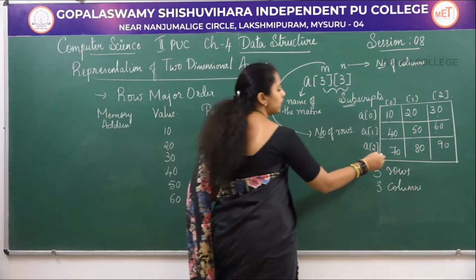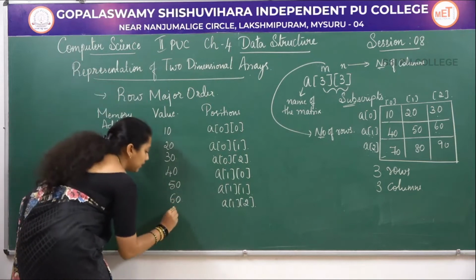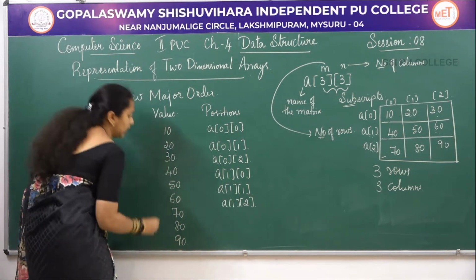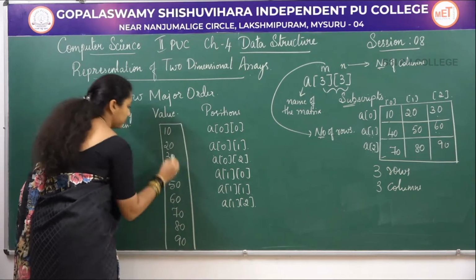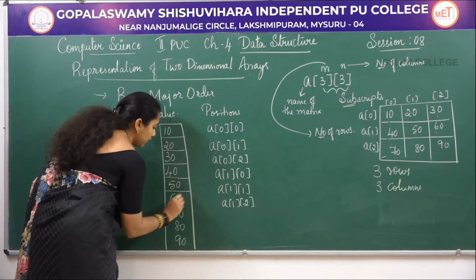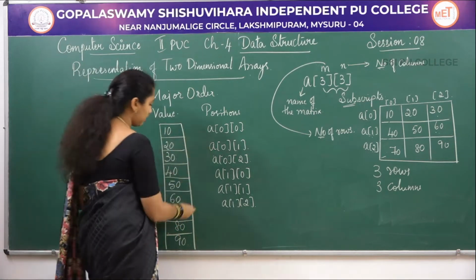Next, it will store the third row elements. The third row elements are 70, 80 and 90. The elements are stored in contiguous memory locations. So what is the position value of 70?